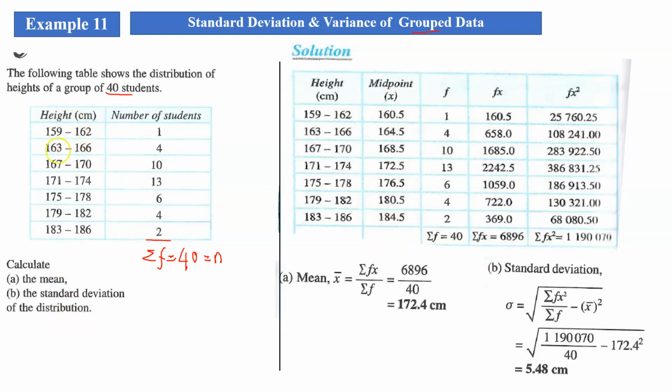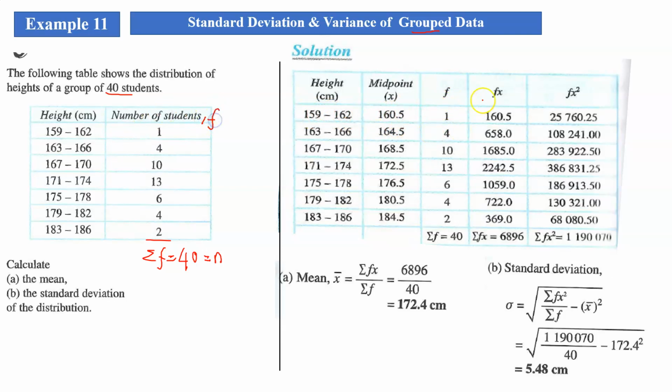Since you won't find your x straight away from here, you need to find the midpoint, kan? Cari titik tengah untuk ni. How do you find titik tengah? 159 tambah 162 divide by 2, so you get the midpoint. And then this is your frequency, this is your f kan?